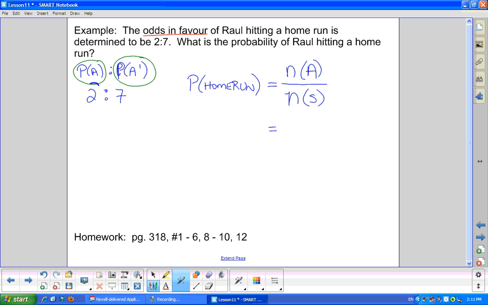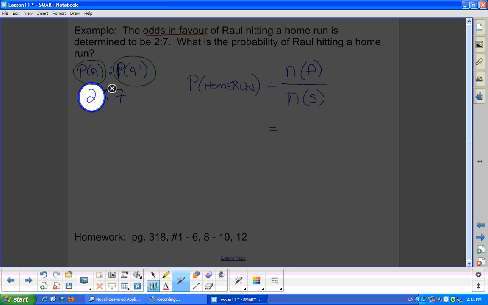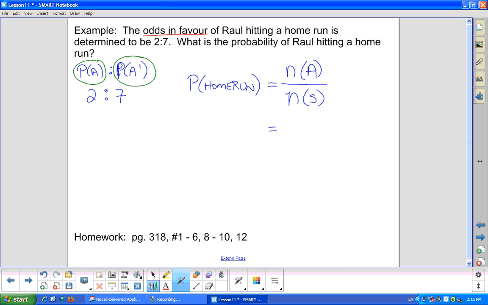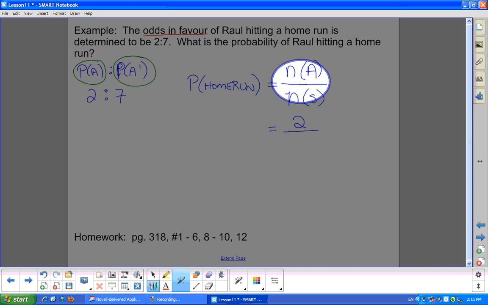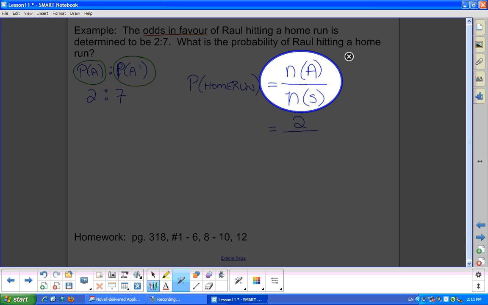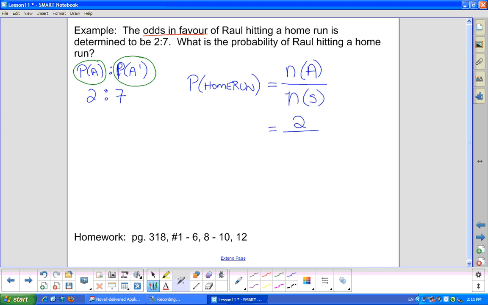He can be successful 2 ways, so the numerator will be 2. But remember, the definition of probability is the number of successes over the total number of outcomes. This 7 over here is not your total number of outcomes. Our total number of outcomes, N(S), are actually successes and failures, so N(S) turns out to be 2 successes and 7 failures.